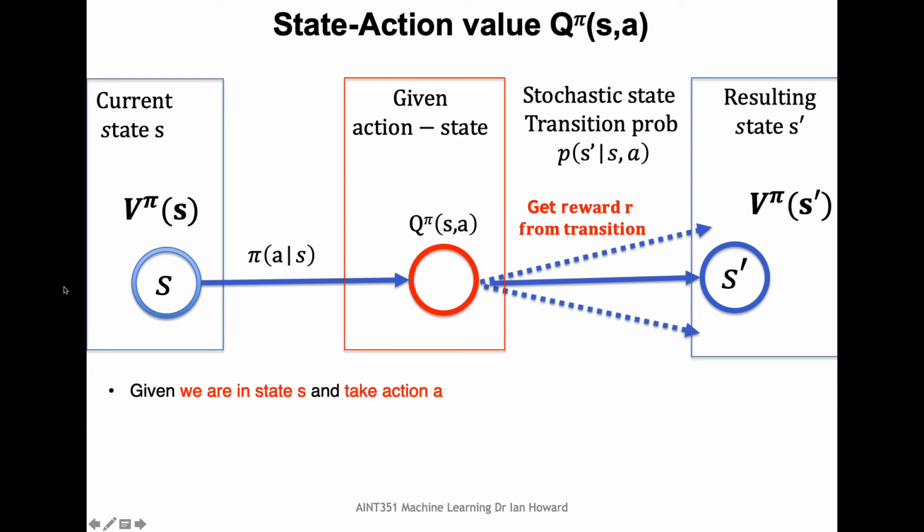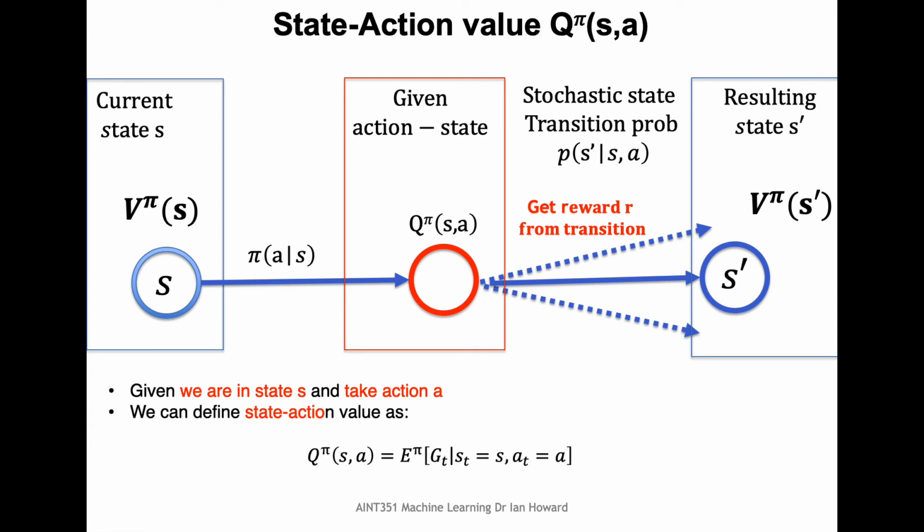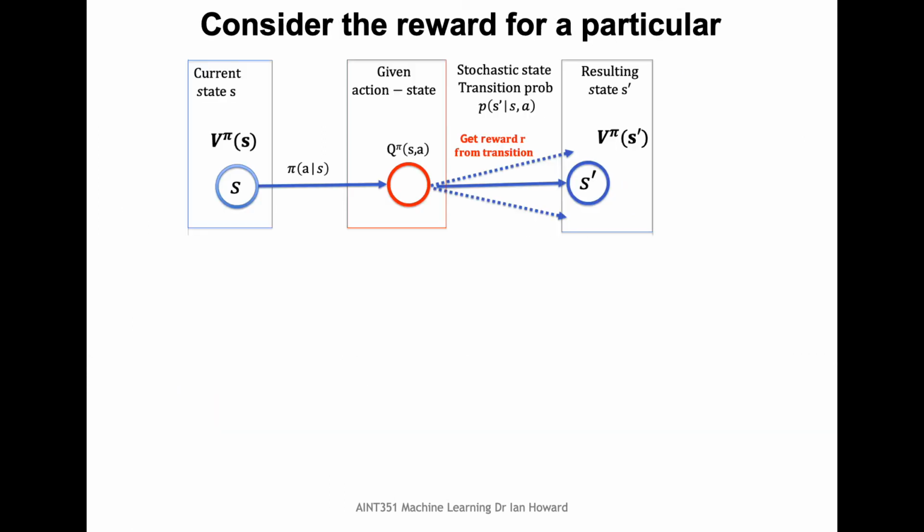We can define the state action value as the expectation of the gain when we're in state S and take action A. We write this as a Q value, Q pi of S and A. This gives us the value under the policy for state S when we then take action A.